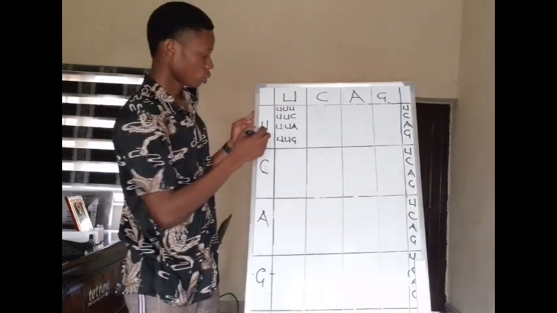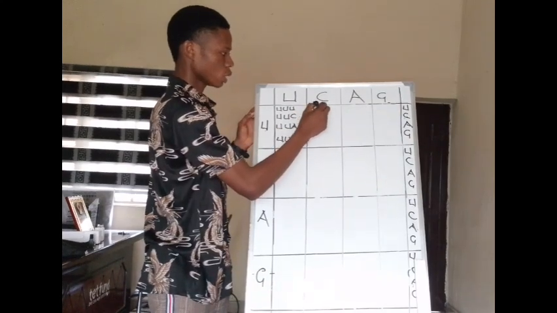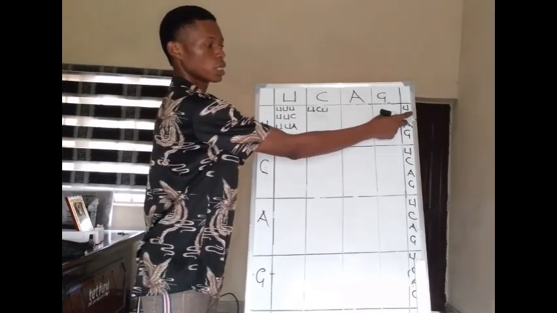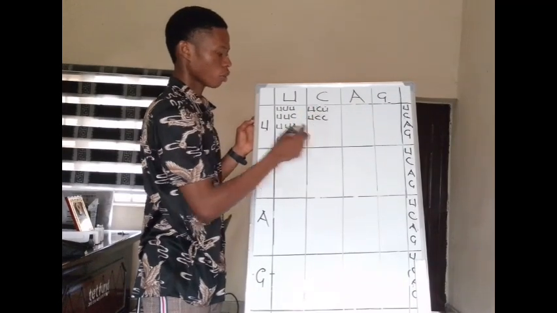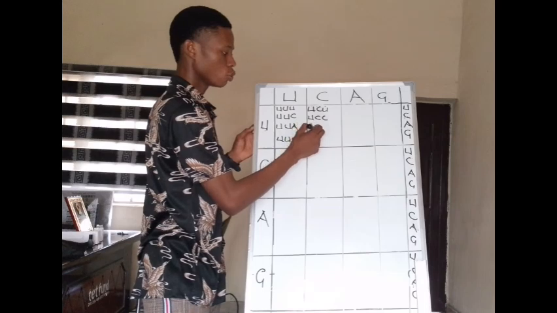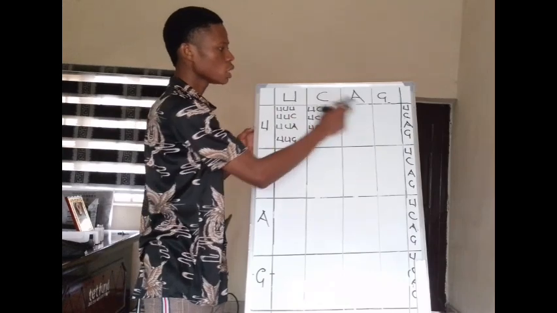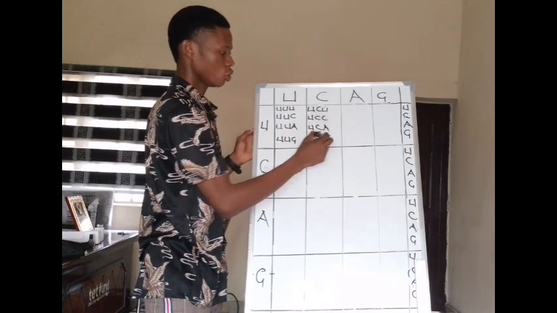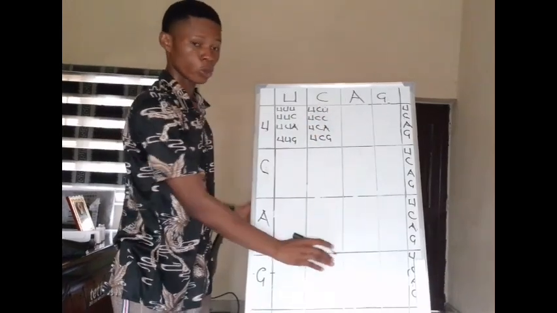So this is U, C, and U, right? So we have U, C, U. Good. Now U, C, C. The next is U, C, A. The next is U, C, G. Good. Let's go on to the next. We'll basically do this until we fill up all.